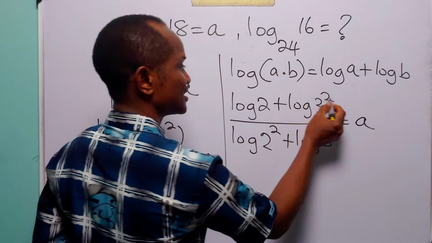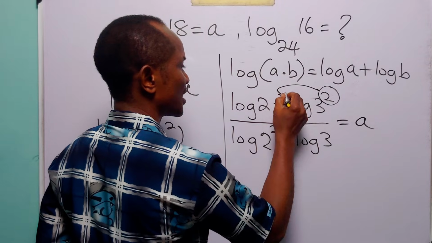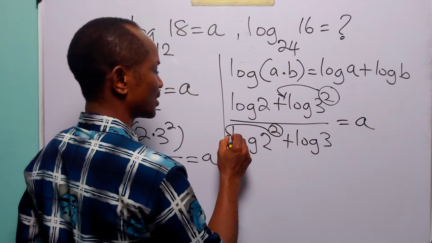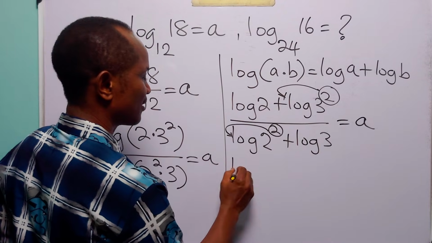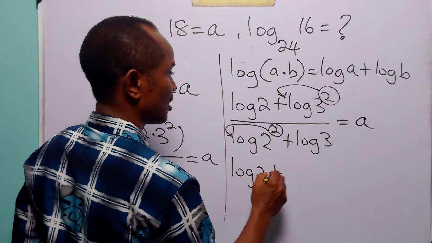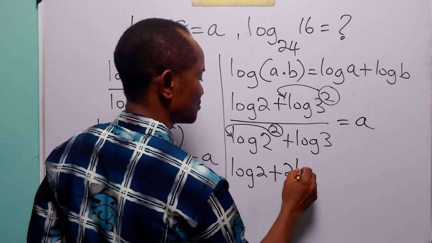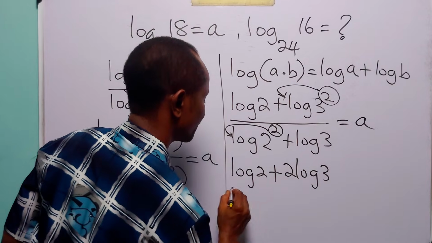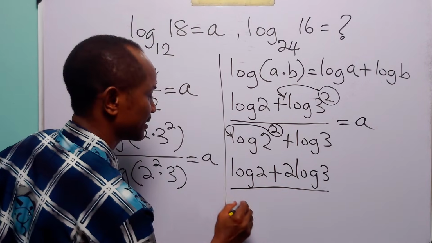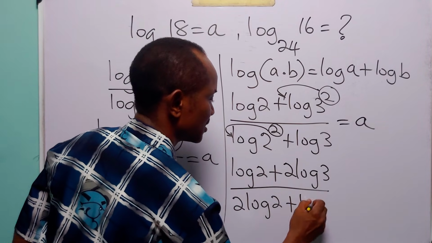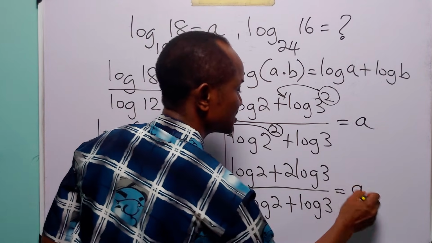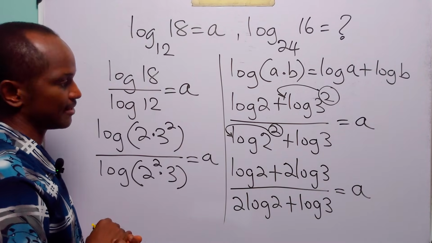That is the rule that says we can bring down the exponent to the front of the log term as a multiplier. When we do that, we have log 2 plus 2 times log 3, divided by 2 times log 2 plus log 3, and of course this is still equal to A.